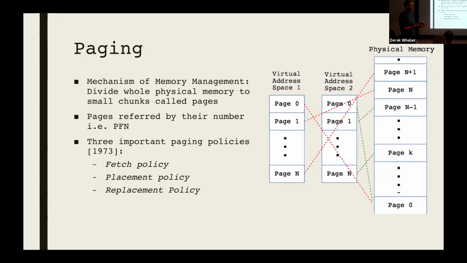Replacement policy: how do we make sure that we do not swap out the pages that are most recently used by different processes, but move just the pages that are old and not recently used? Right now, we call those three just the paging policy, because of the complexity, things were merged.